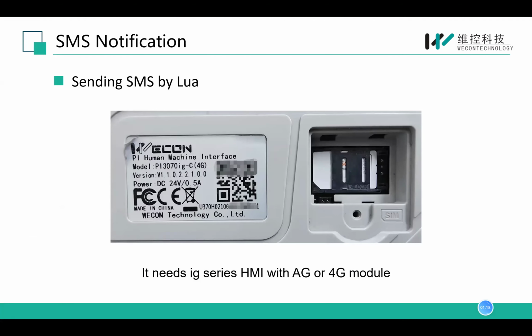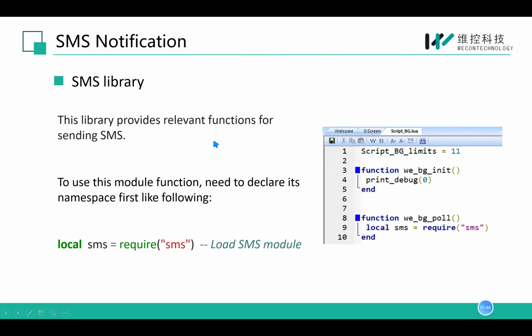For using SMS notification, we need to use an IG series HMI, with a 4G or AG module. When we use the built-in 4G module, we can use the Lua script to send SMS.